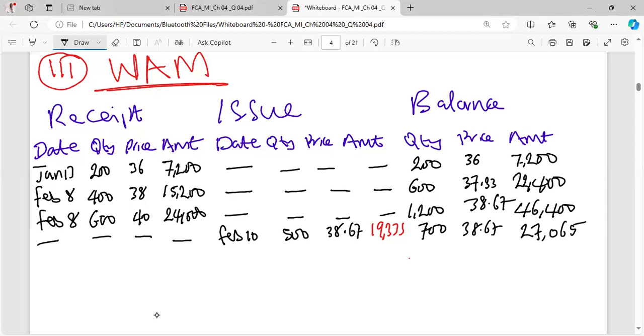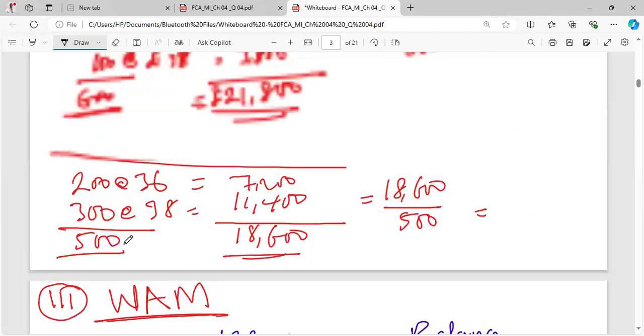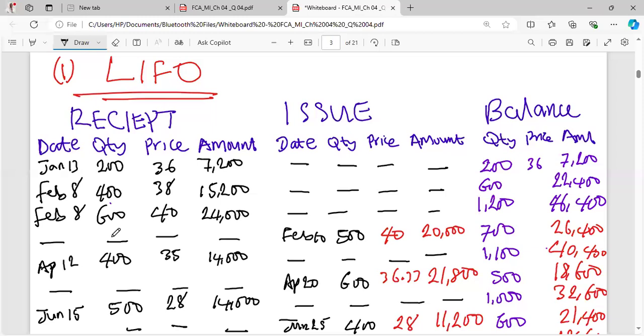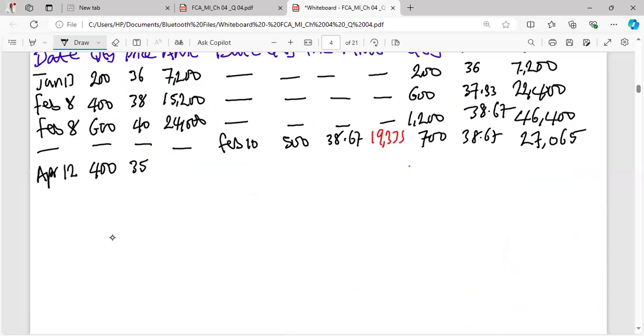Then the next one, which is April 12th, we had 400 at 35. Let's confirm if it is at 35. Yes. So that will give us 14,000, dash, dash, dash, dash. It should be 1,100.